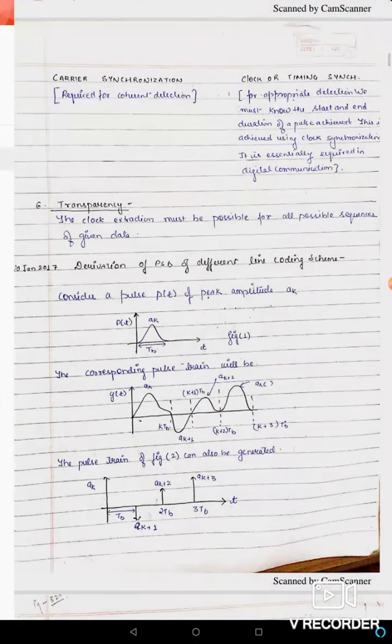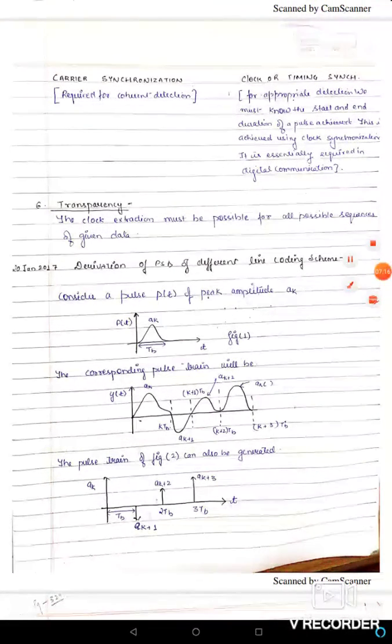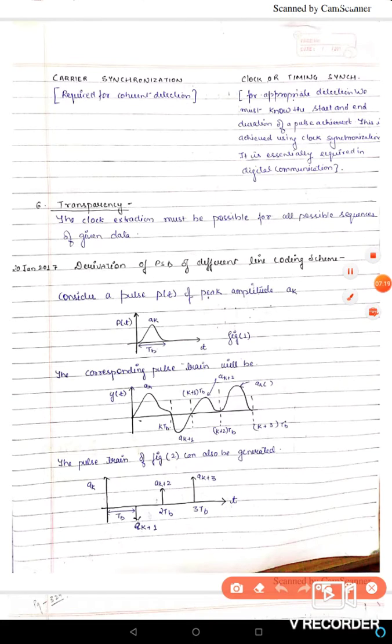The next important property is transparency. Transparency means the clock extraction must be possible for all sequences, that is, independent of the sequence. If my sequence is 1 1 1, then also I must be able to get the clock content.